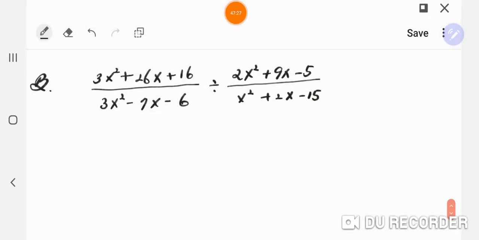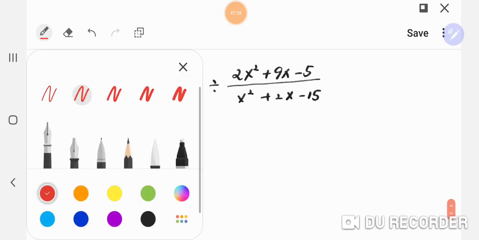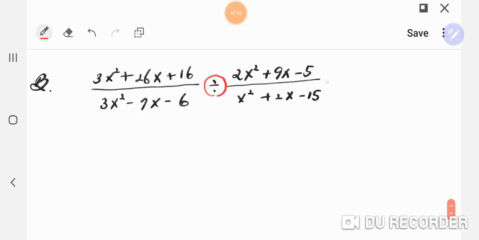Okay, letter B. Pause this and then try yourself. Okay, since this is division, what do we do again? Make it a multiplication and switch these two.